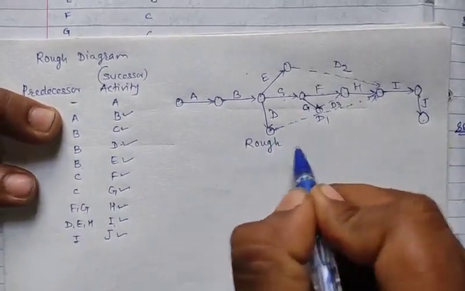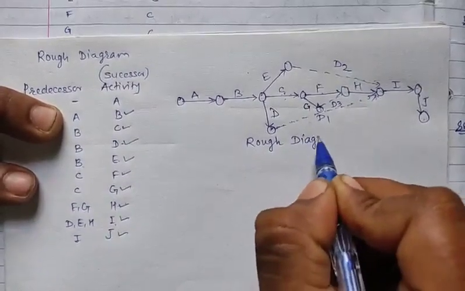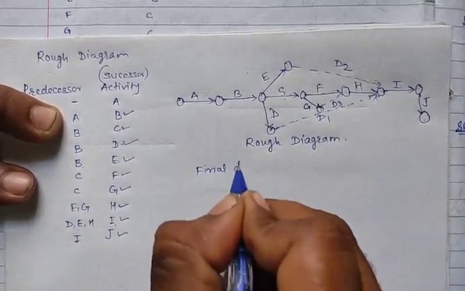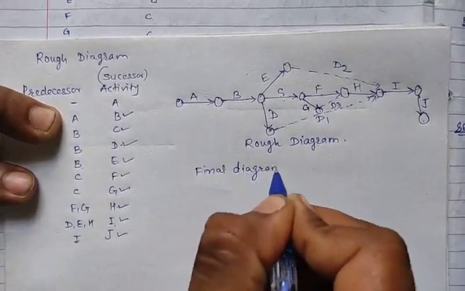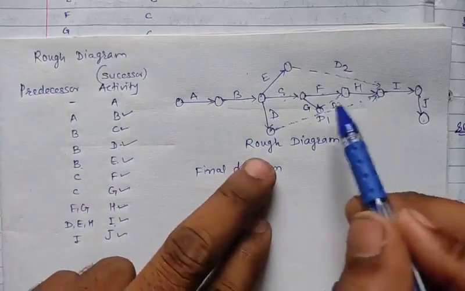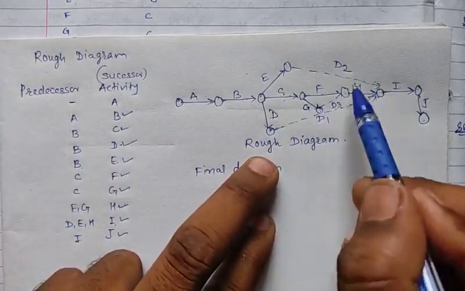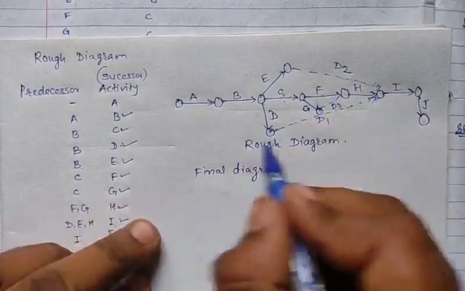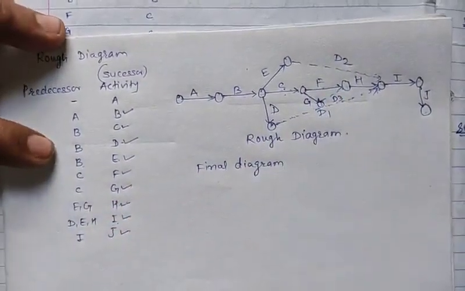Okay, now we make the final diagram. So let's draw the final diagram. Now let's remember, we have to remove as many dummy activities as possible, and rearrange this diagram.